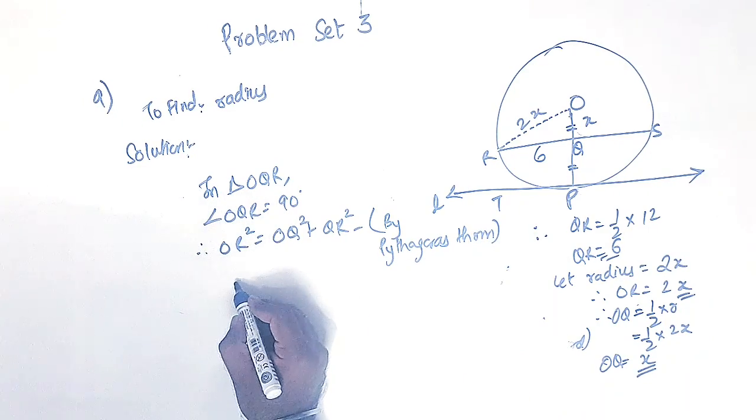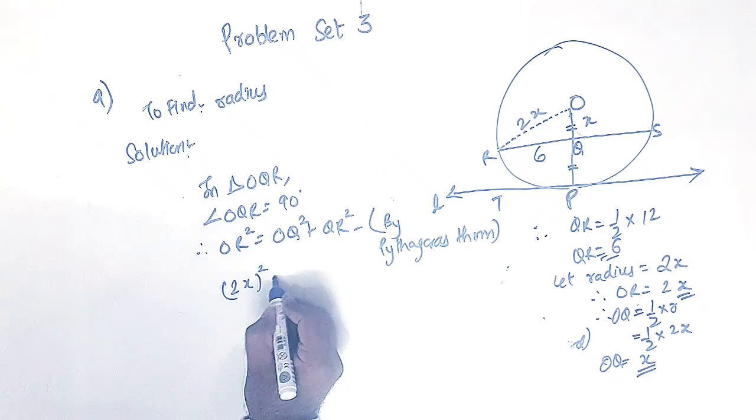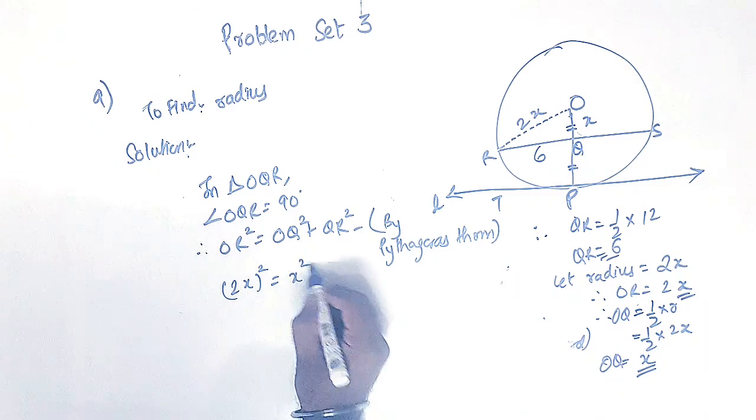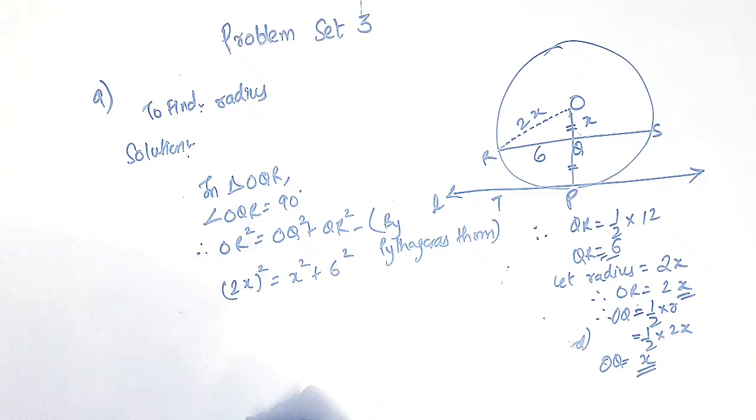Okay, so OR square, 2x square, is equal to x square plus 6 square.